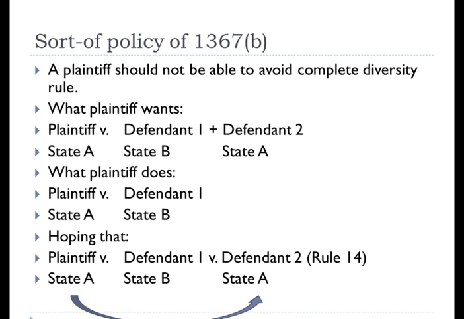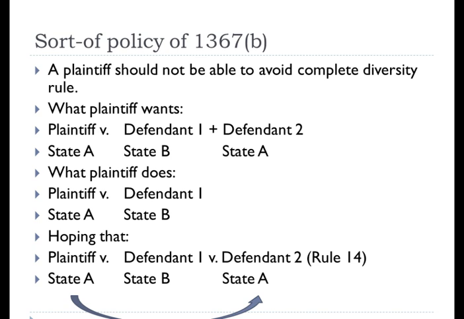There can be no plaintiff and defendant from the same state. And so the theory is, here's what the plaintiff wants. The plaintiff has two defendants that she wants to sue. She's a citizen of State A. The two defendants are citizens of State A and State B. Obviously, this violates the complete diversity rule. She can't sue defendant number 2.